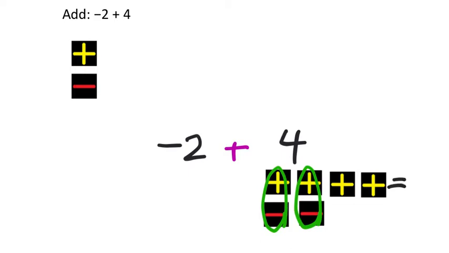There are 2 positive tiles left over that were not zeroed out, so you have +2. That means -2 plus 4 equals 2. Of course, you can say +4, but it's okay to say -2 plus 4 equals 2 as well. Since we don't see the sign of the 4, we should know that it's positive.